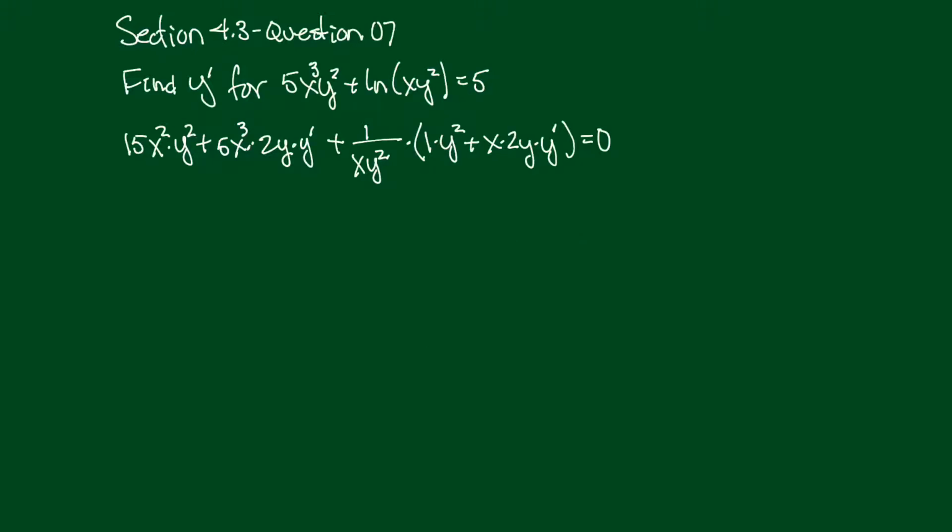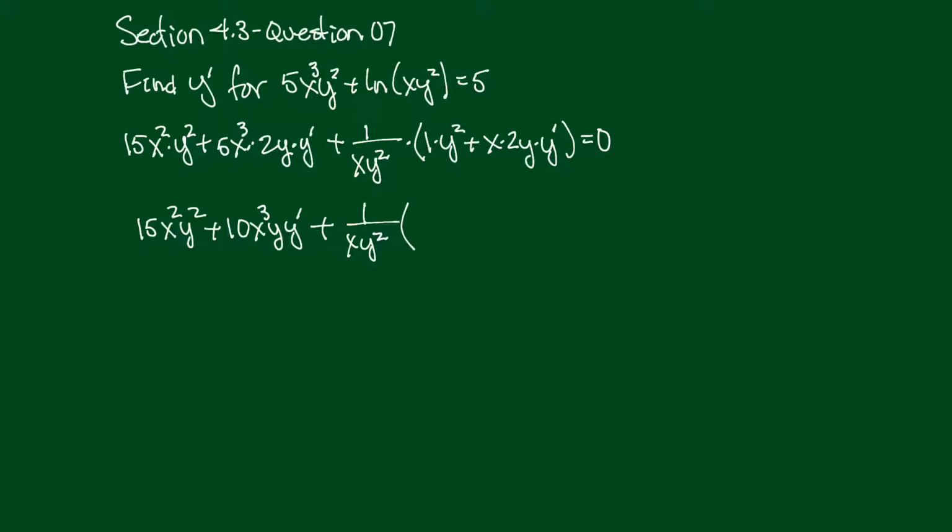Now we need to fix it up with some algebra here. So let's just start from here and go through it. So we're going to get, how about 15x squared y squared plus, now here looks like 10x cubed y prime plus, now this is going to be 1 over xy squared times, what do we got inside here?